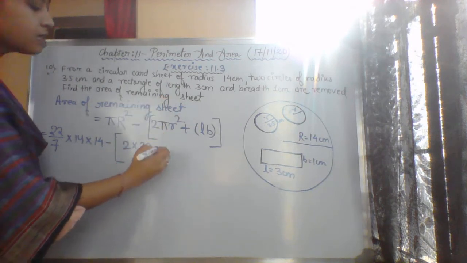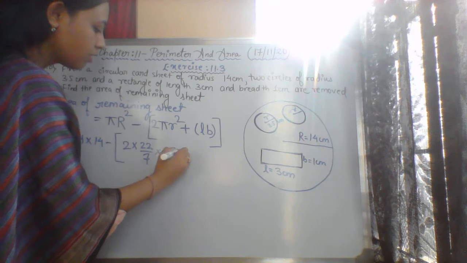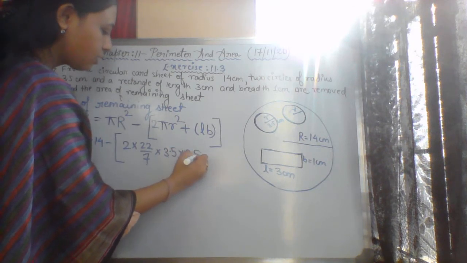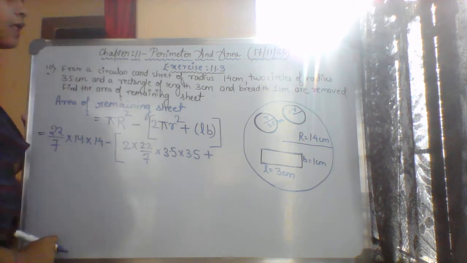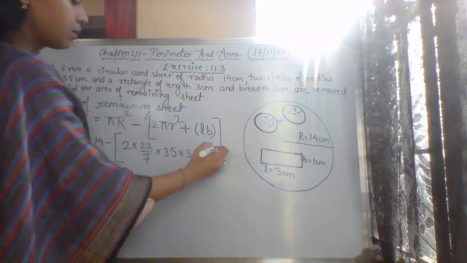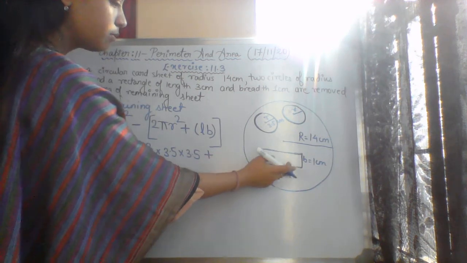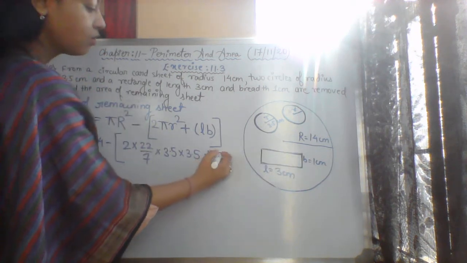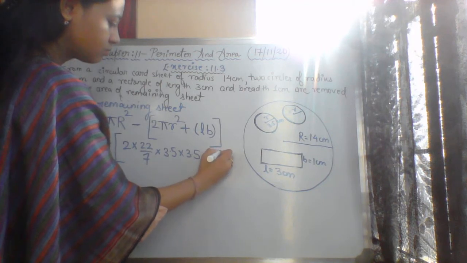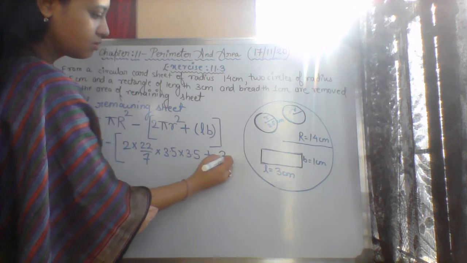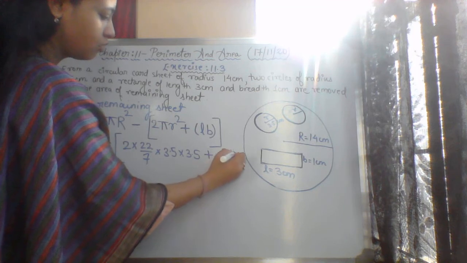Small r value is 3.5 into 3.5, plus length into breadth. Length is 3 centimeter, breadth 1 centimeter, so 3 into 1.